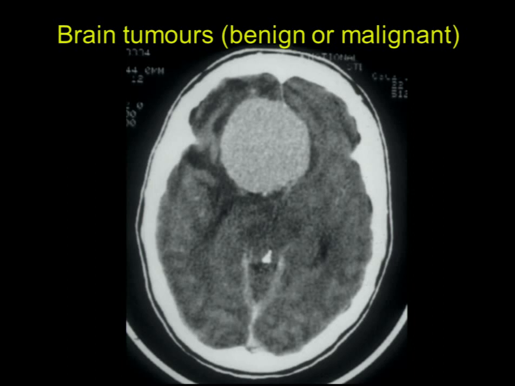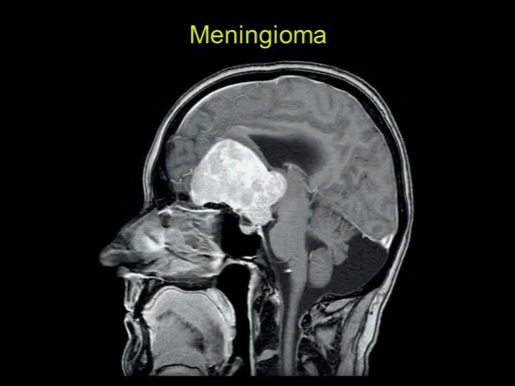And if you have a tumour like that, that is going to produce quite a lot of behavioural change. But we wouldn't label that person as having FTD, and it may well be that you could operate and take that tumour out. To what extent it will improve matters is open to question. And here's another large tumour here, pressing on the front of the brain, which potentially can be removed.